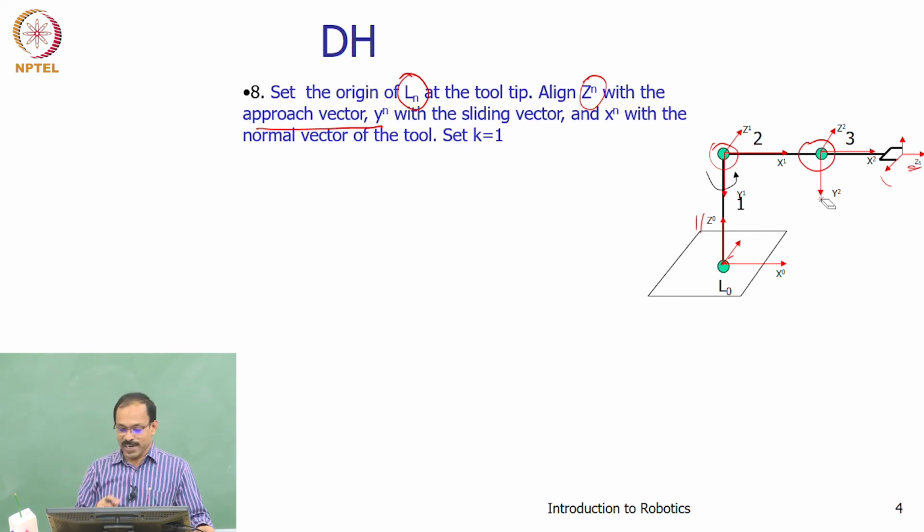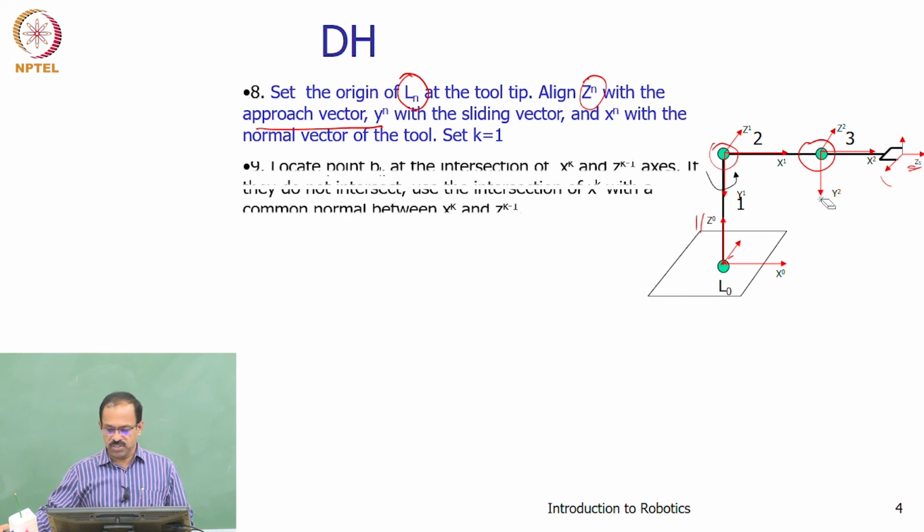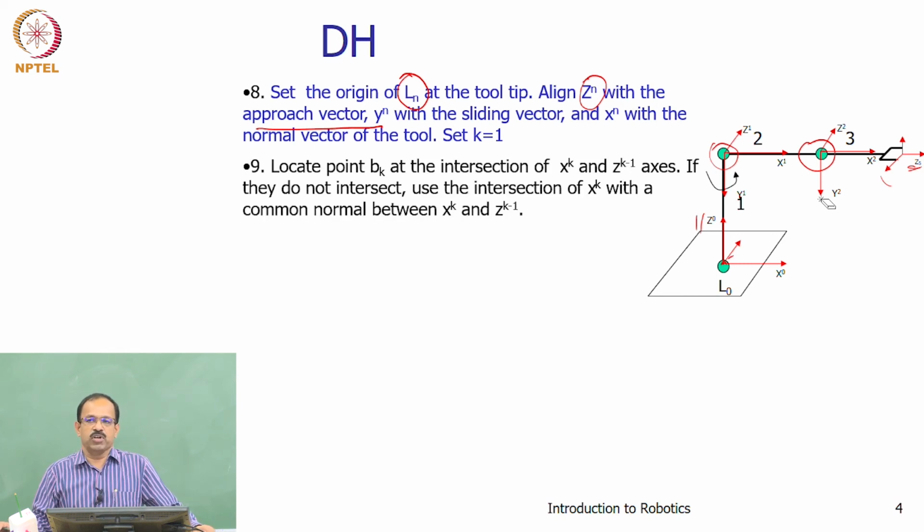I will take another 5 minutes to tell you a few more steps involved in this formulation, then we will stop here. Now, we define a few virtual points. They have no physical relevance, but to get the DH parameters, we need to define them.